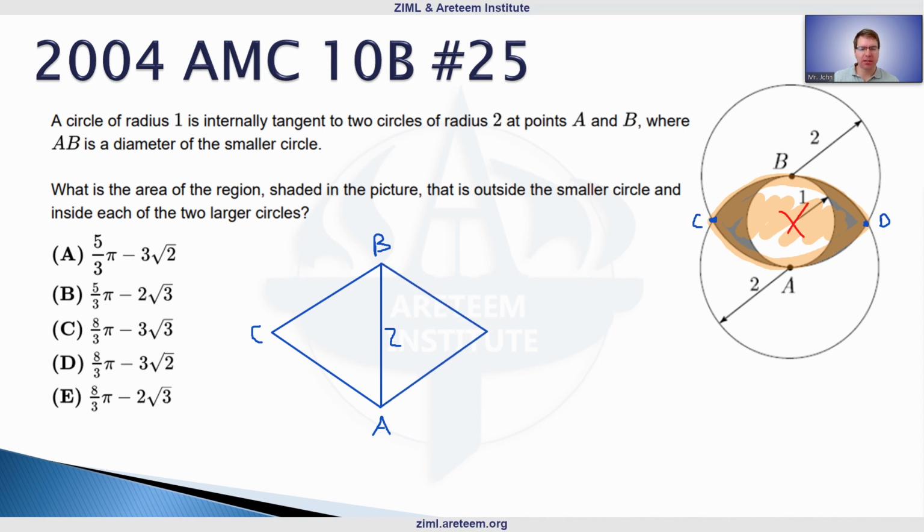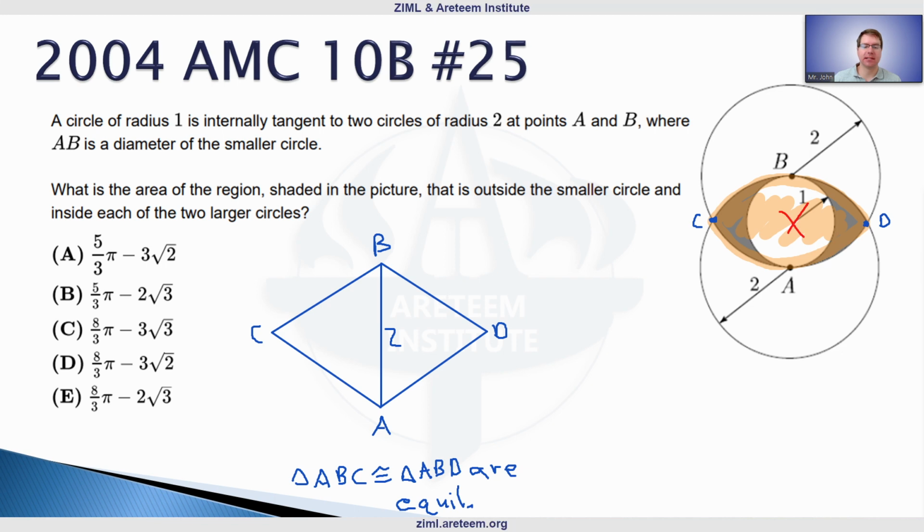So both of these triangles are equilateral. Triangle ABC is, of course, congruent to triangle ABD. And they are equilateral triangles in this case.